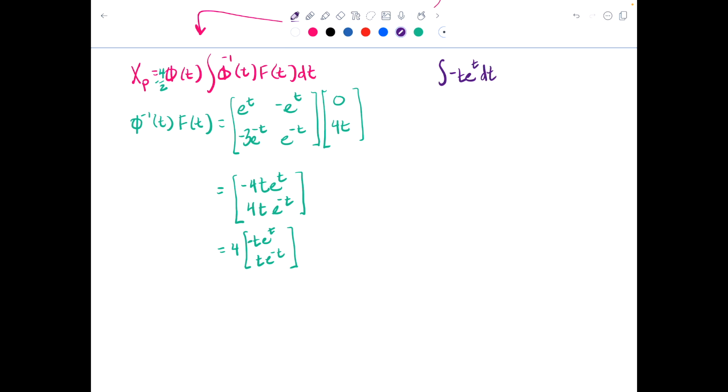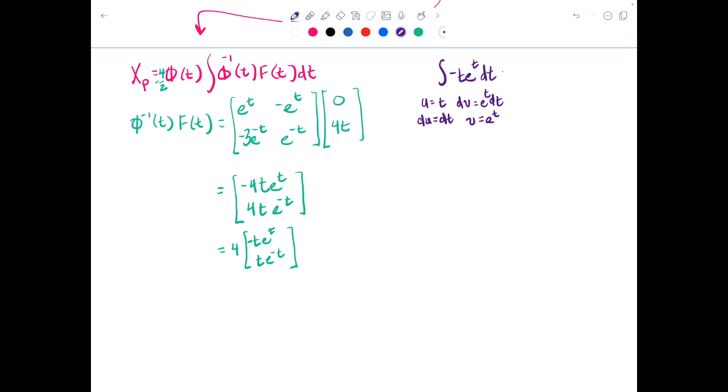So you would let u equal t, du would equal dt, dv is equal to e to the t dt, so v equals e to the t.